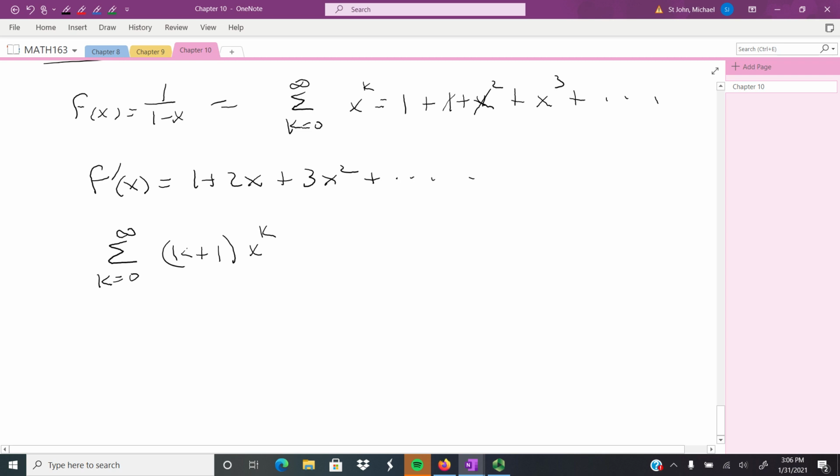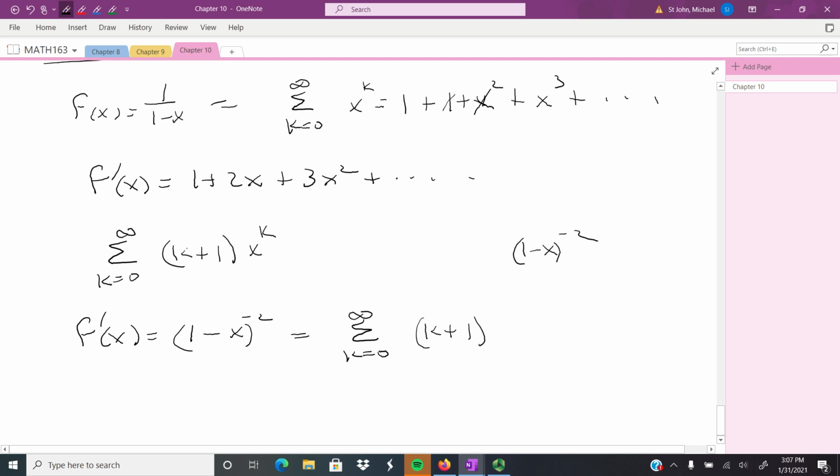And we're going to do this in terms of (1 − x)^(−2). So the derivative is (1 − x)^(−2) equals the sum from k equals 0 to infinity of (k + 1) x^k.